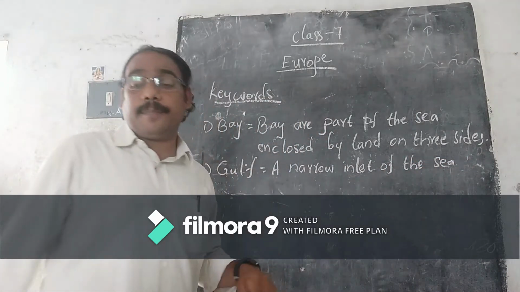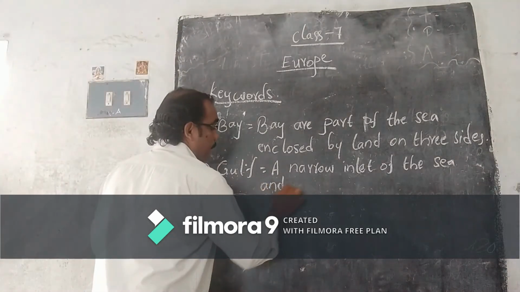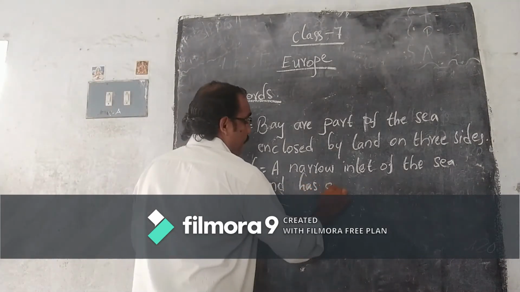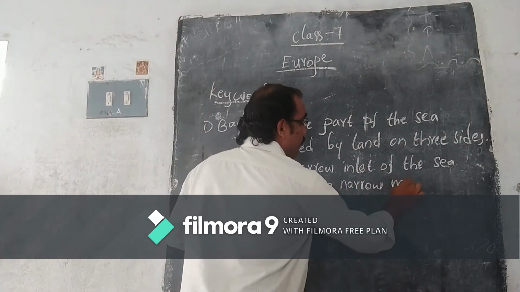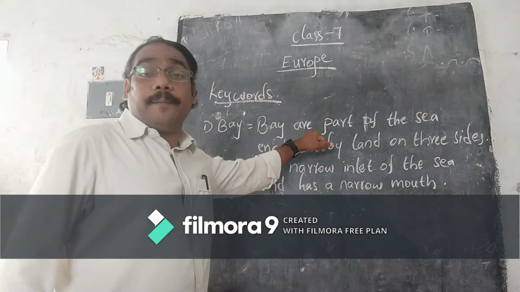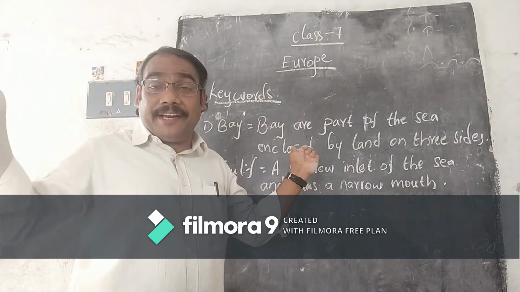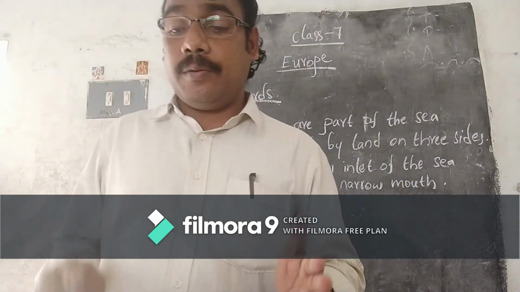Gulf is a narrow inlet of the sea and has a narrow mouth. Bay of Bengal, a bay has a wide mouth. Gulf has a narrow mouth.